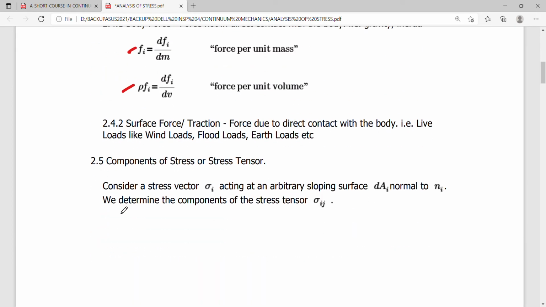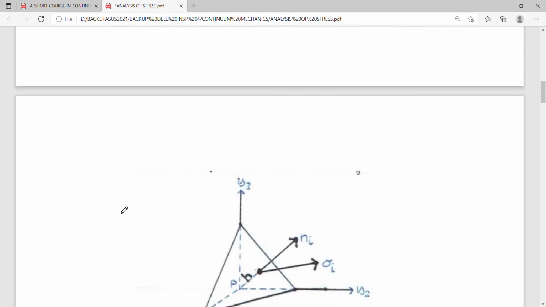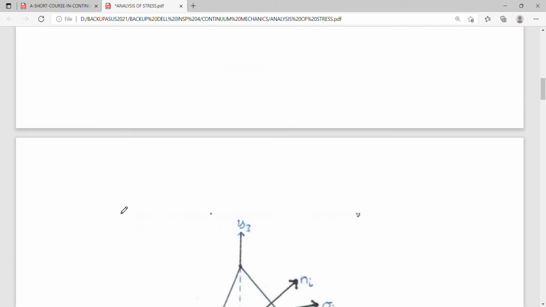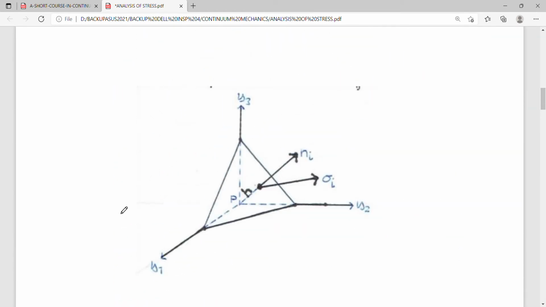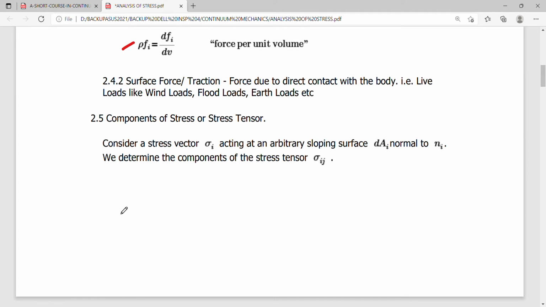So for the components of the stress tensor, we now derive a basic formula on how the stress tensors are converted into what you call traction forces. So from a tensor, we convert it into a vector sigma.